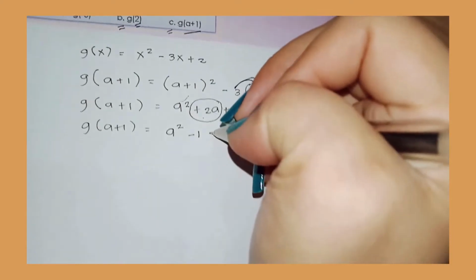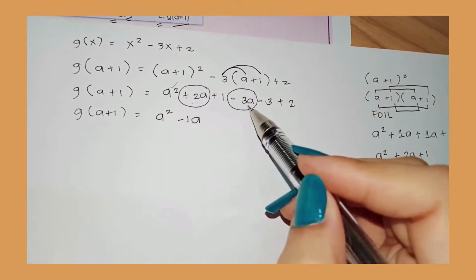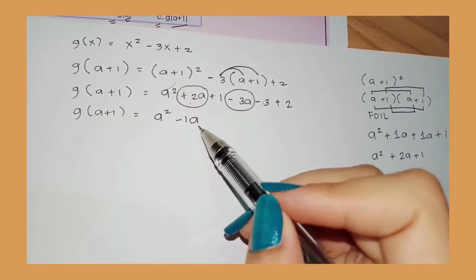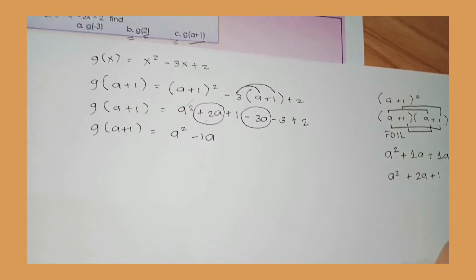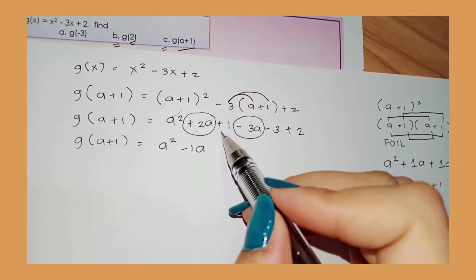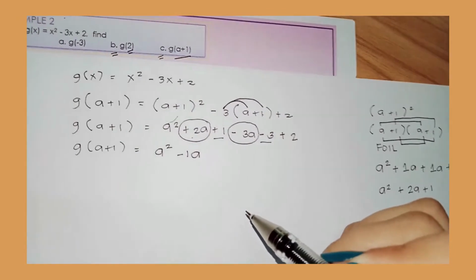Then, copy the letter A. Next, pagsamahin yung mga constant o yung numbers lang. 1 minus 3 is negative 2.